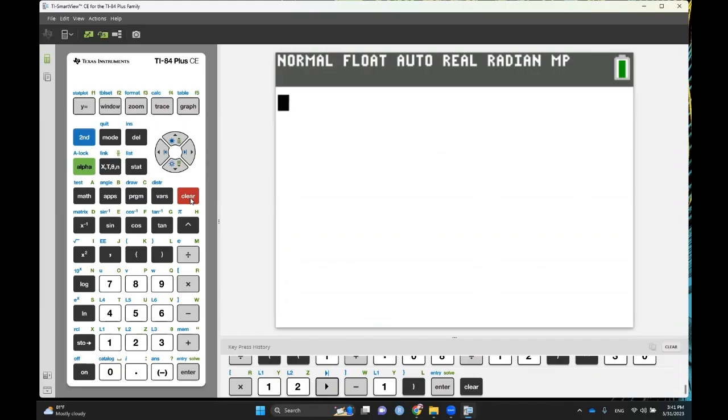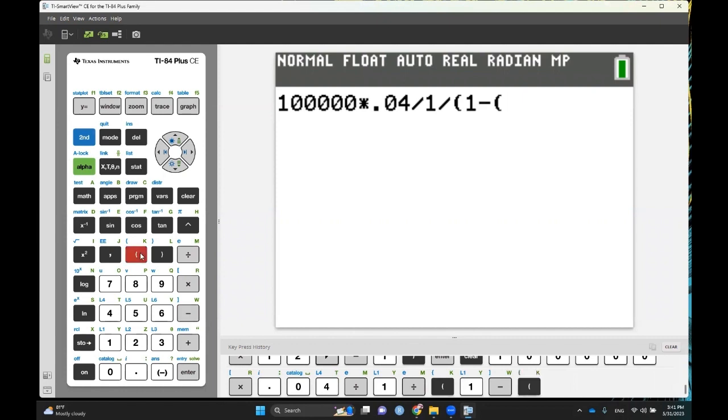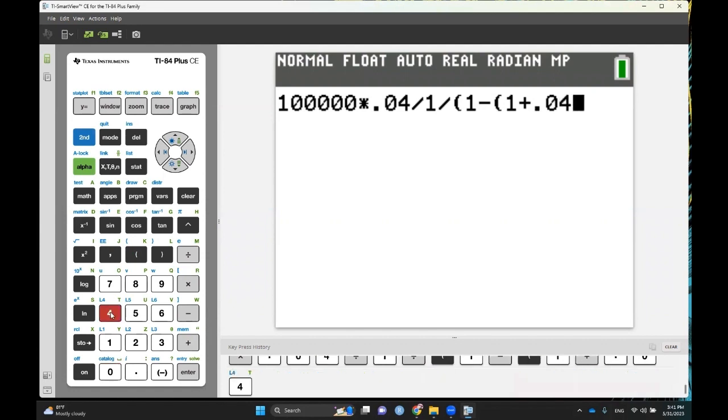All right, now we put the formula in. Numerator, 100,000 times 0.04 divided by 1. I don't have to put the divided by 1 because I know it's the same. And then that's the numerator divided by the outer parentheses 1 minus inner parentheses 1 plus 0.04, again divided by 1.